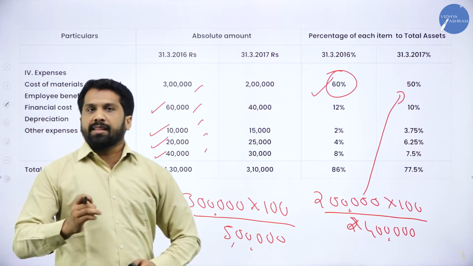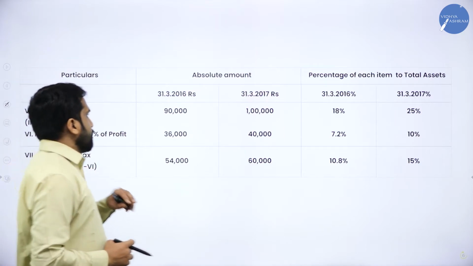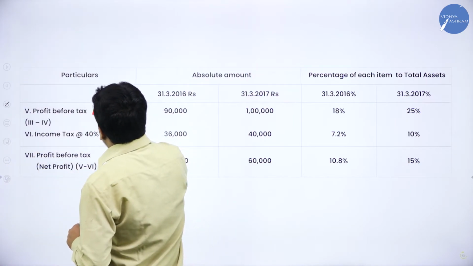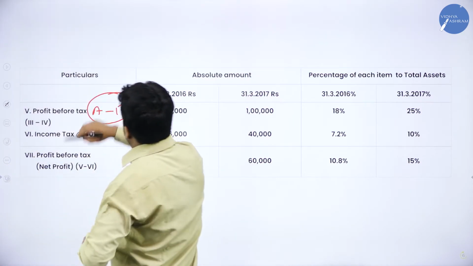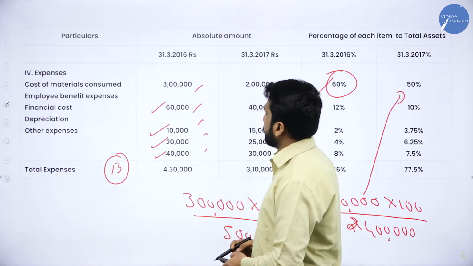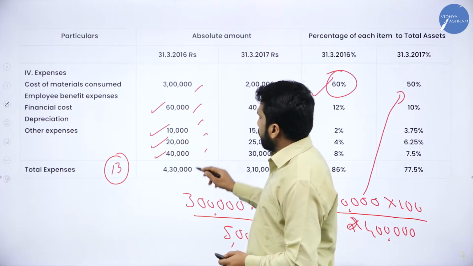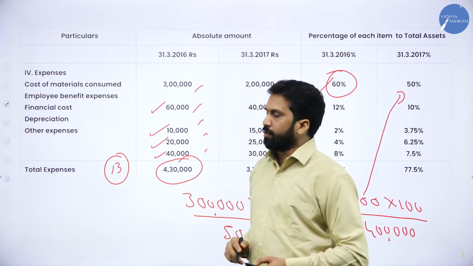Now we'll go for the last stage or last step. In this, as I told you, A minus B. How did you get 90,000? I'll go back. A is how much? 5,20,000. B is 4,30,000.